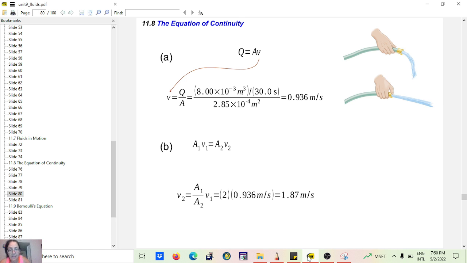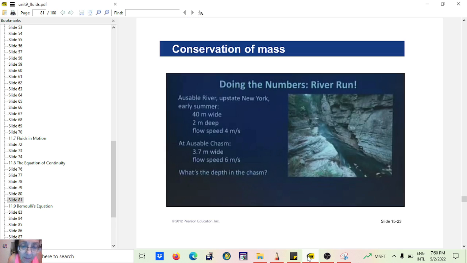more slides. Let's see what we have here. Yes, another example. So here you have a river, upstate New York, Housatonic River, and that river goes into Lake Champlain. But before getting to Lake Champlain, it goes through a gorge, right? So it's going to move very fast.